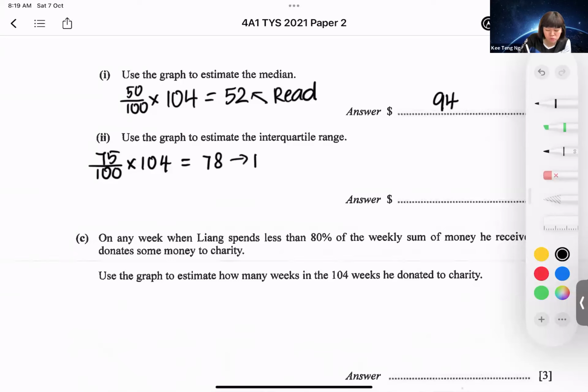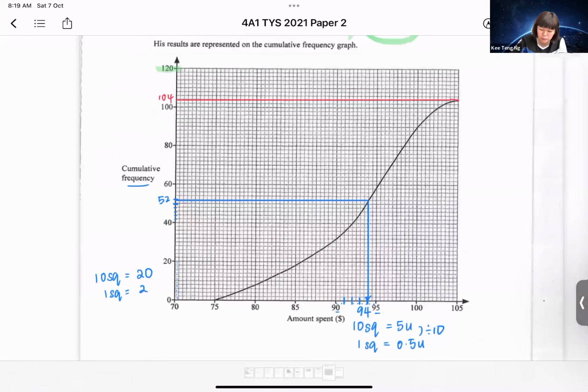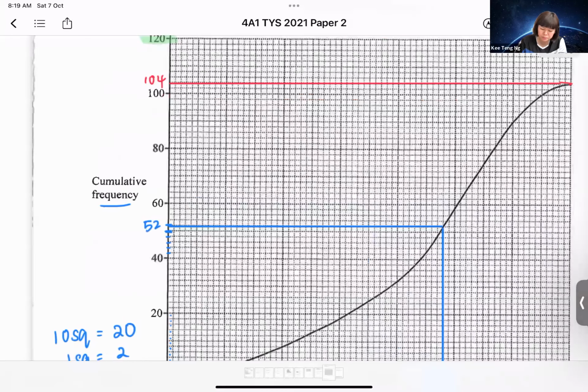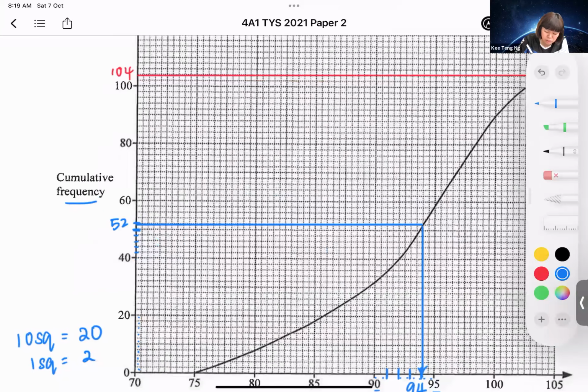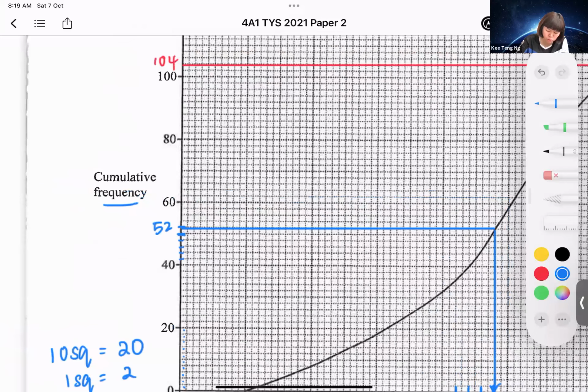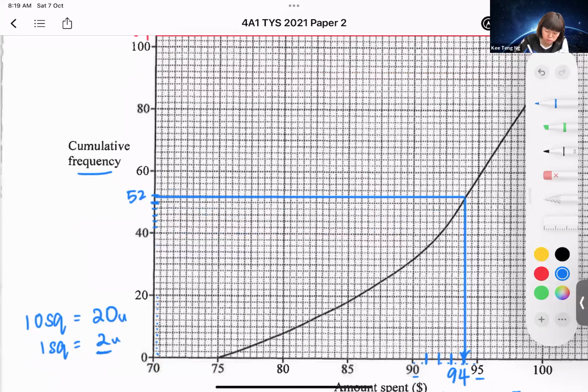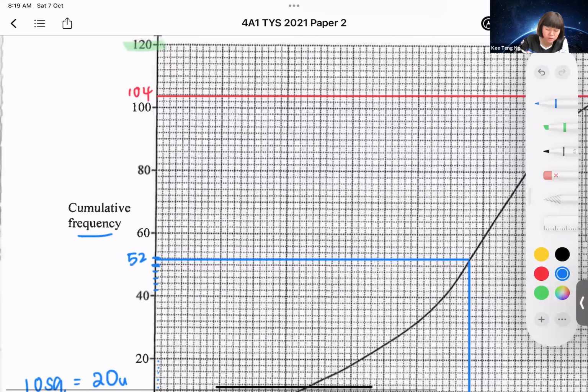I need to read the value. Okay, let me read the value. The upper quartile, 78. Where is the number 78? 60 is here. One square represents 2 units, right? So 60, 1, 2, 3, 4, 5. This is 70.